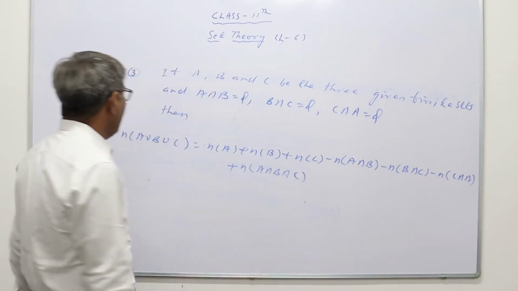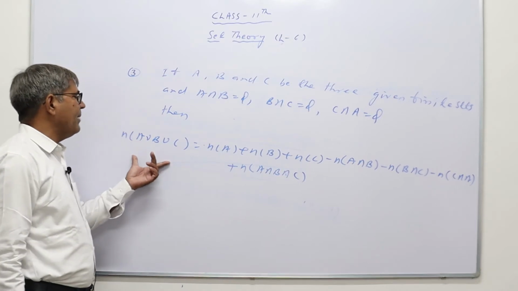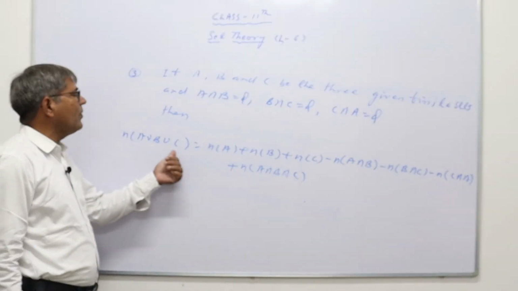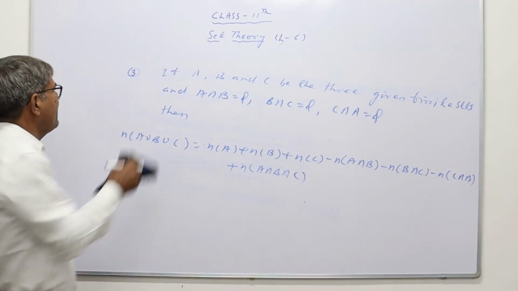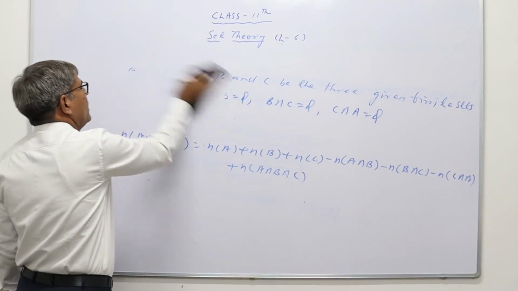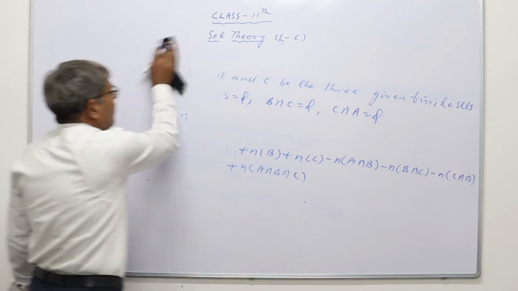So in this way we can find the number of elements in A union B union C using this concept. Now we will do some practical problems.